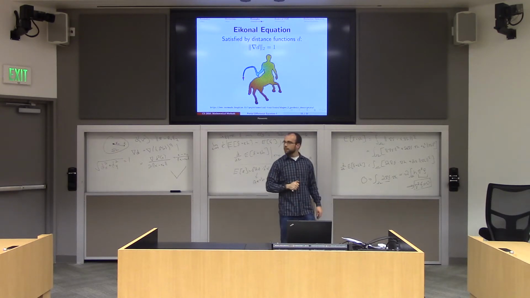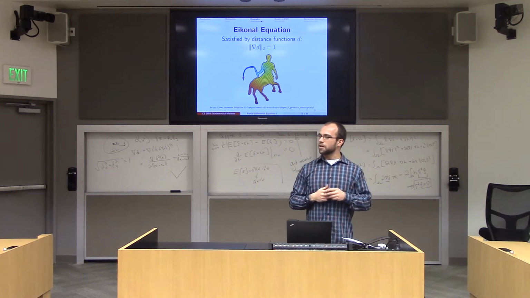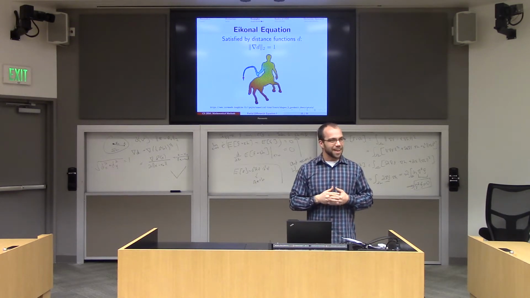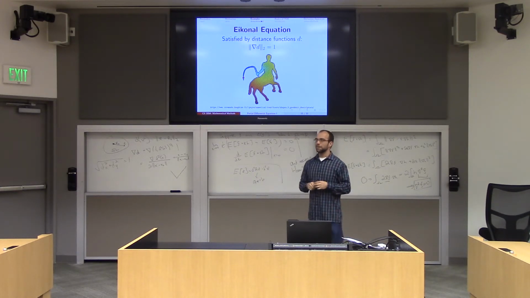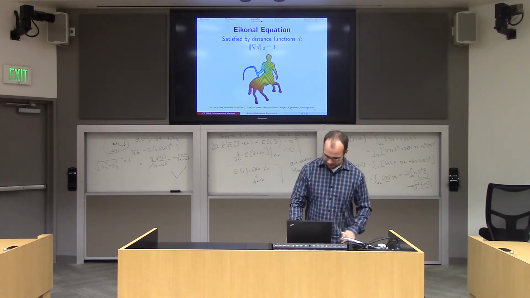Methods for solving the eikonal equation, which we will not cover in 205A, are mostly called fast marching algorithms. And the really neat thing that happens is that the PDE solvers for the eikonal equation end up looking a lot like Dijkstra's algorithm, which is for shortest paths on graphs.